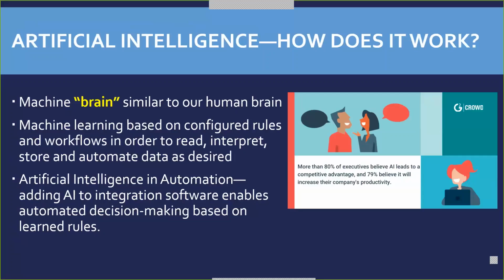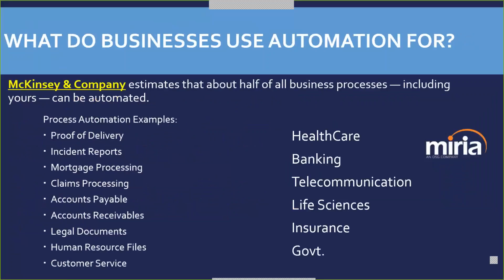This is becoming more and more prevalent in our world as part of the logic and business automation, and it's something to heavily consider as part of your work. Just some examples, and this is by no means an exhaustive list, but it gives you an idea. Quite frankly, business automation is being used today across multiple industries.